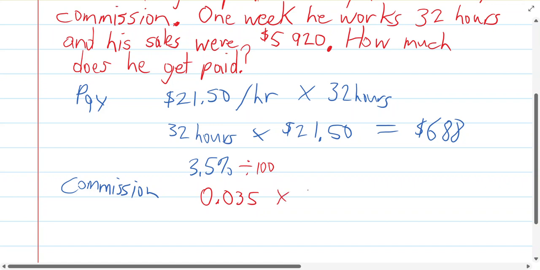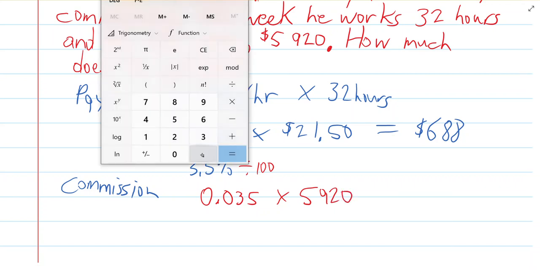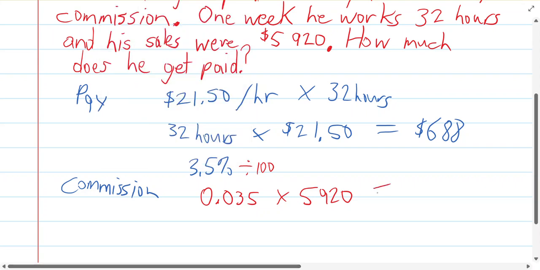Multiply that by 5,920. You should be doing this on your own calculator to get the practice, not just watching me do math, although I'm pretty good at it. You get $207.20. So remember, money has two decimals, so you have to add in this zero that the calculator doesn't add.